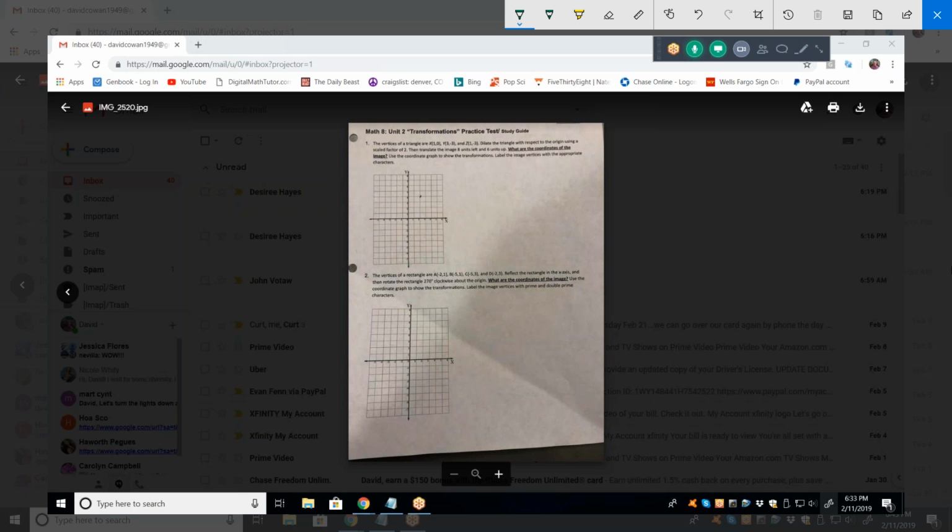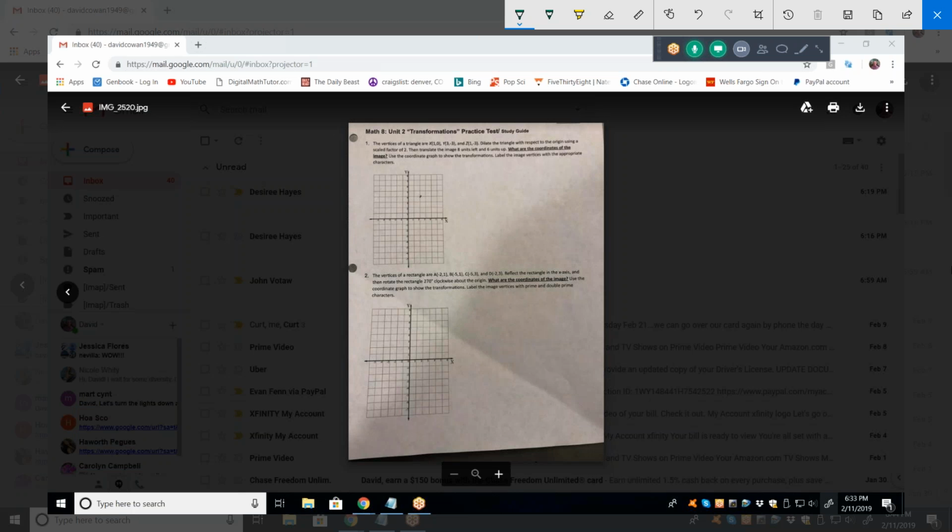The vertices of a rectangle are at those 4 points. Let's just see before I plot it what they want. They want to reflect the rectangle in the x-axis and then rotate the rectangle 270 degrees about the origin clockwise. Okay. So I'm going to do this the same way.